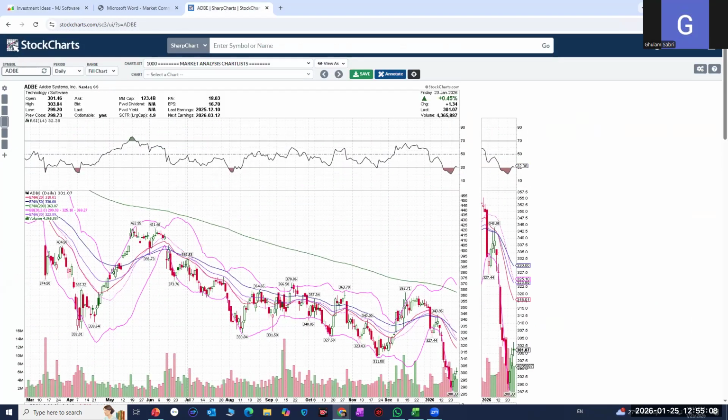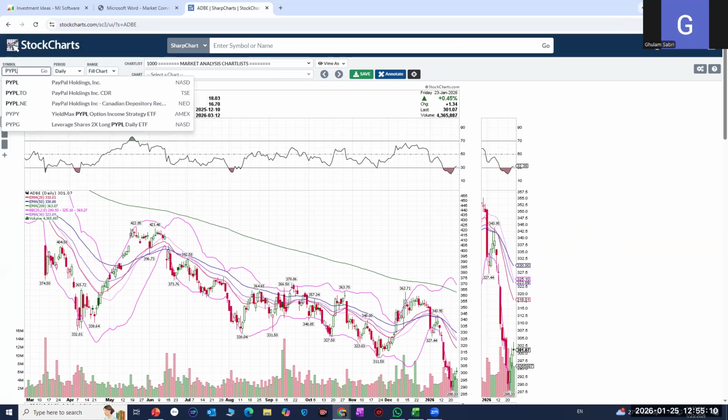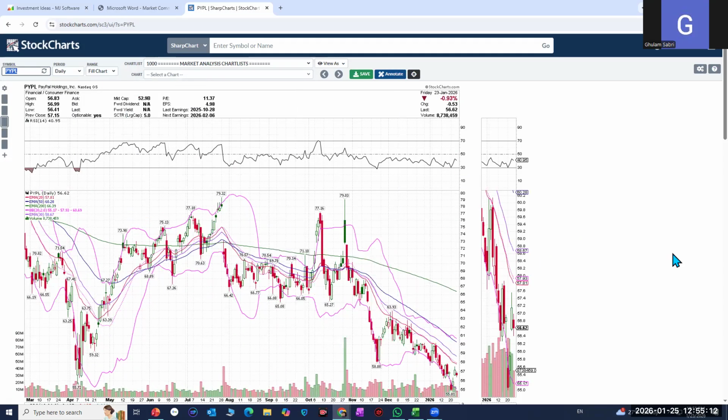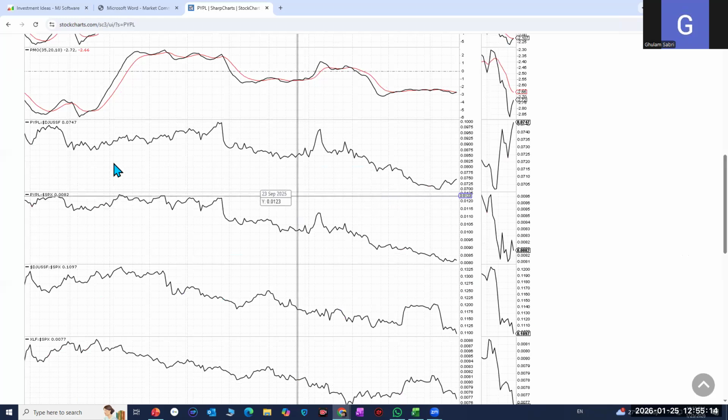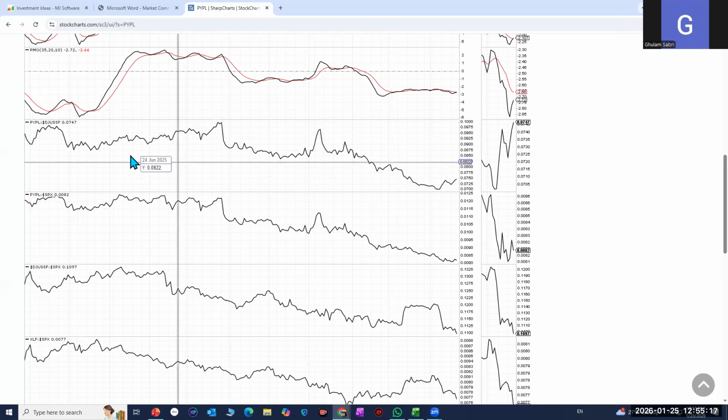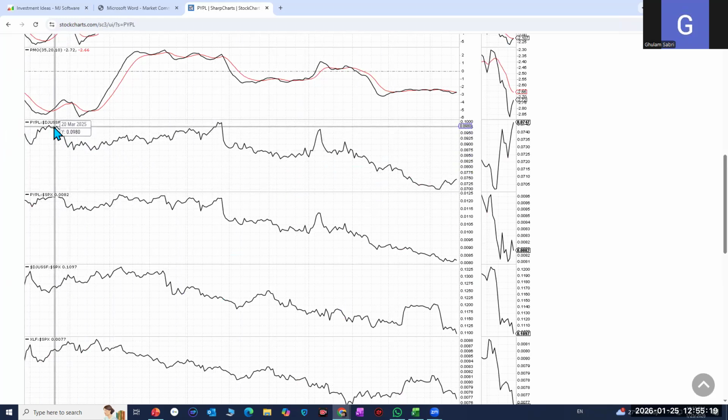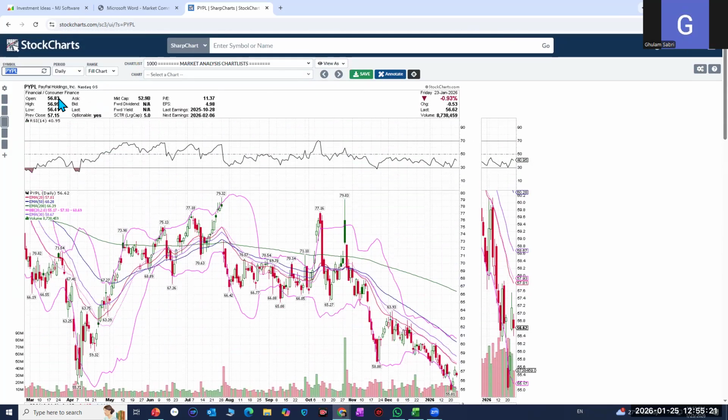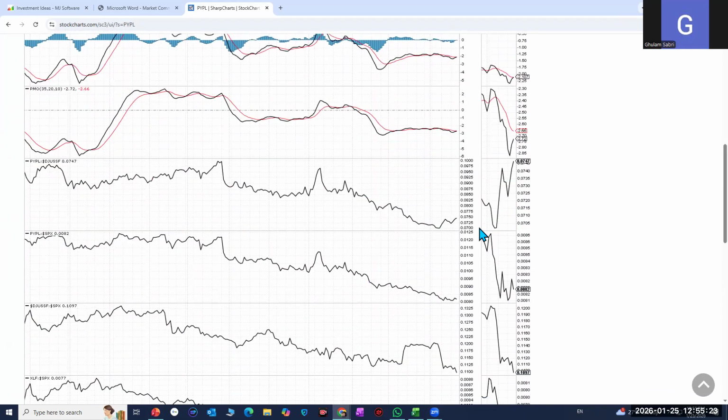For example, again, PayPal, you'll find the same pattern here. Look at that. PayPal in its own group is weak. The group is Dow Jones US Specialty Finance, the consumer finance group. The consumer finance group does not have PayPal, but it might have PayPal's competitors like Stripe and others in that industry.